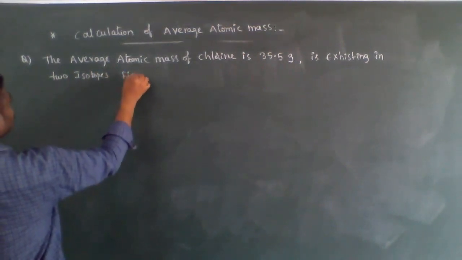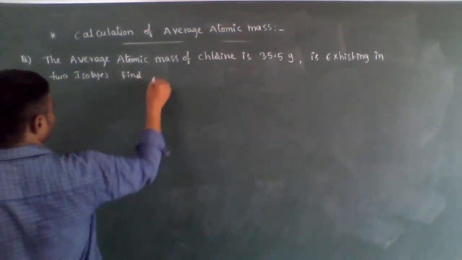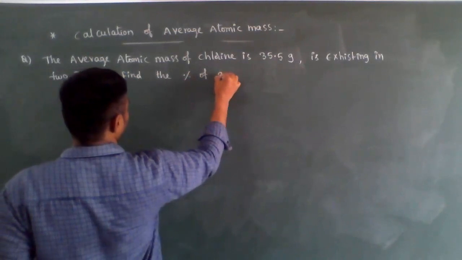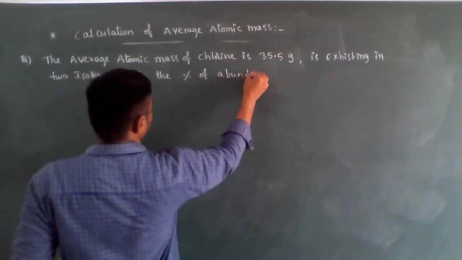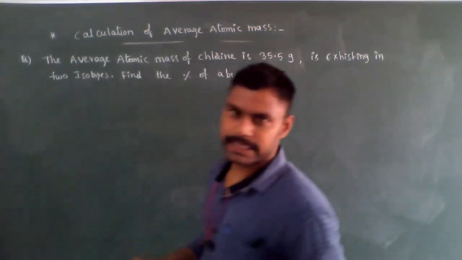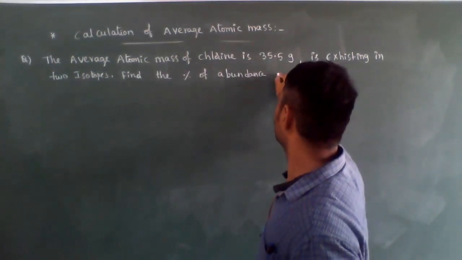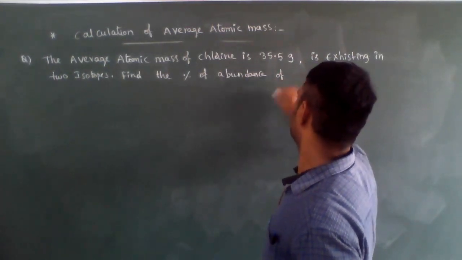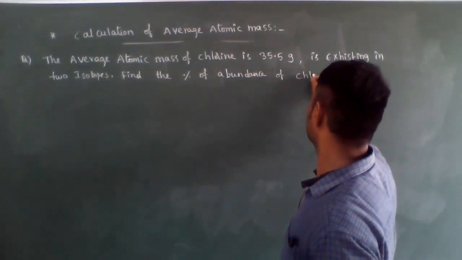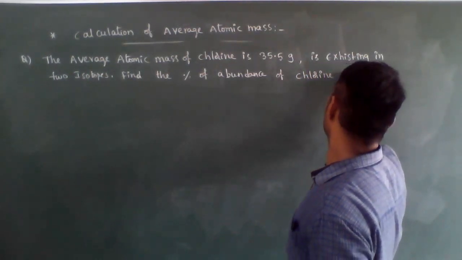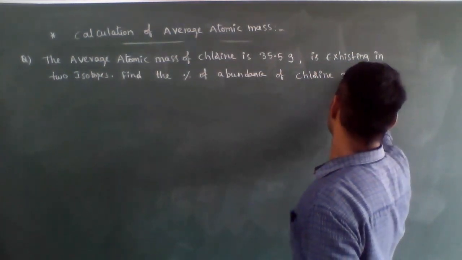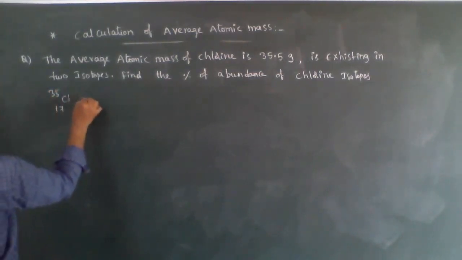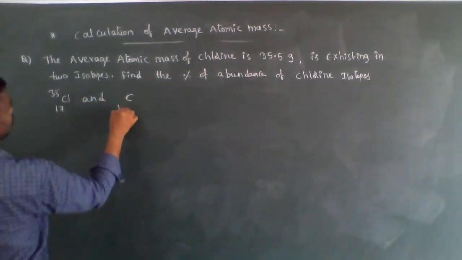Find the percentage of abundance of the chlorine isotopes, chlorine 17-35 and chlorine 17-37.